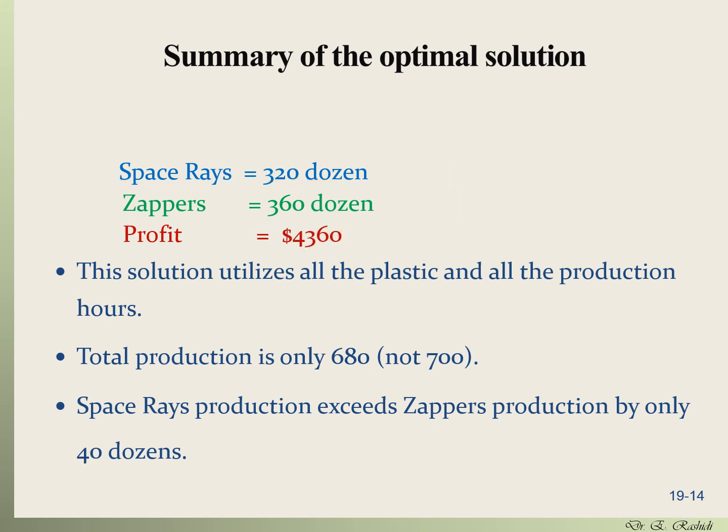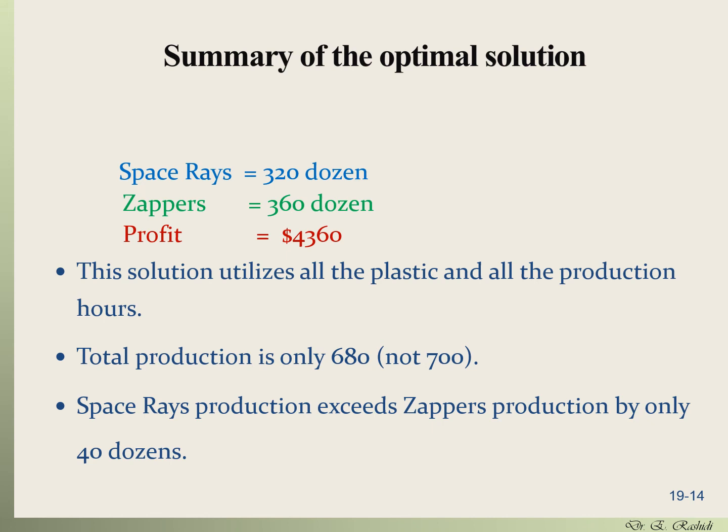This solution utilizes all the plastic. That means the 2,000 pounds of plastic are going to be used, and all the production hours as well. So in this optimal solution, all of the plastic and also the production time have been used.